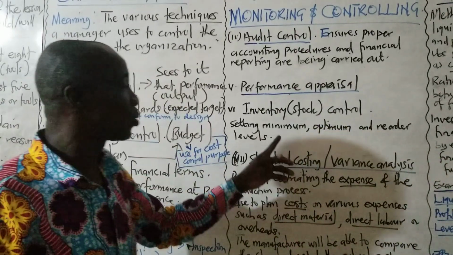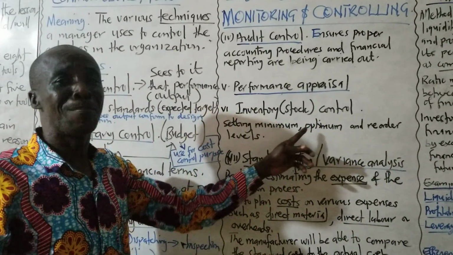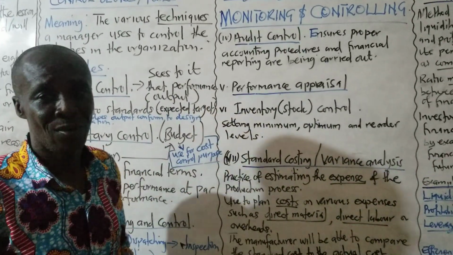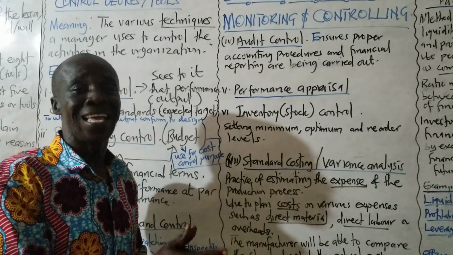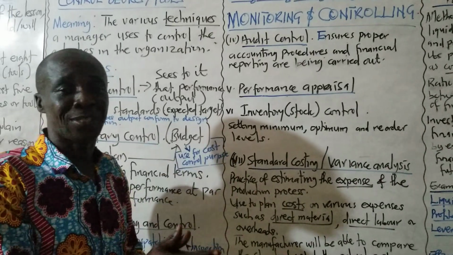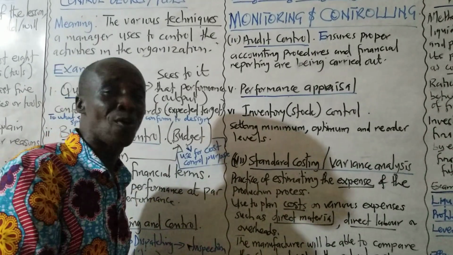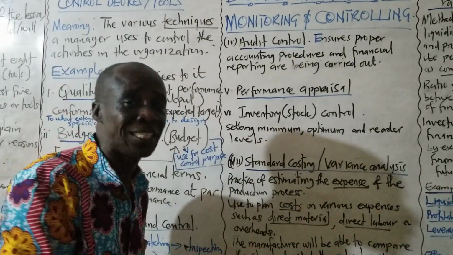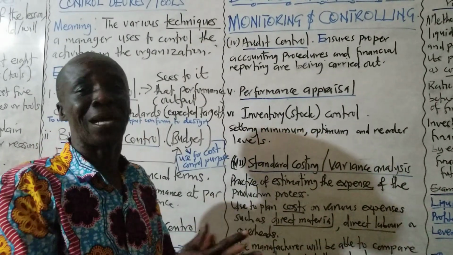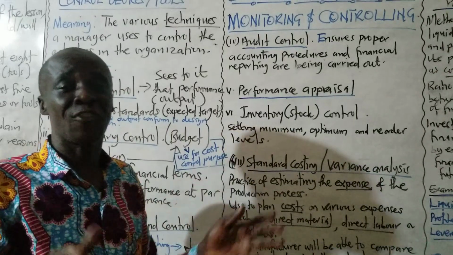So they will say that our maximum stock level for this particular raw material is, let's say, 100 boxes. That means they will not buy raw materials that will exceed 100 boxes. So at any point in time, the maximum raw material they will have will be 100 boxes.